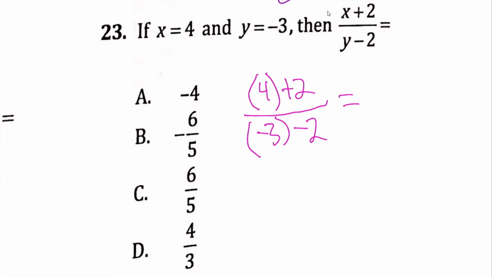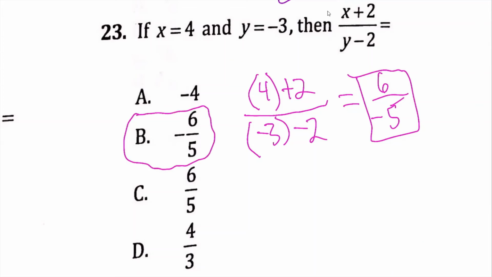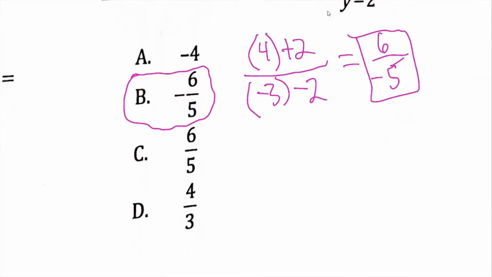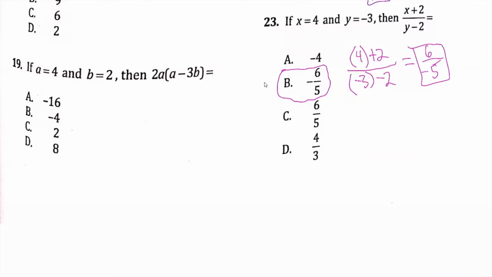What's 4 plus 2? 6. Negative 3 minus 2 is just negative 5. And that's your answer, right? But this has a negative in the middle, which is fine. All right, so that is how you do that one.